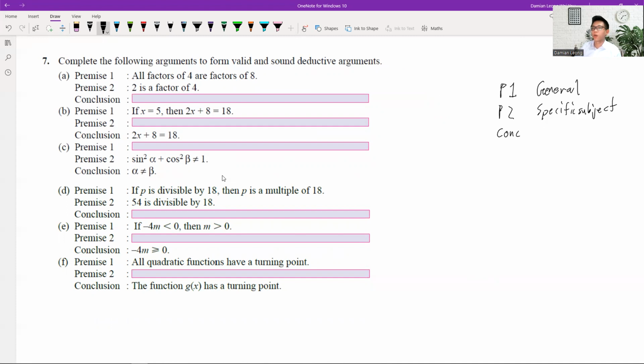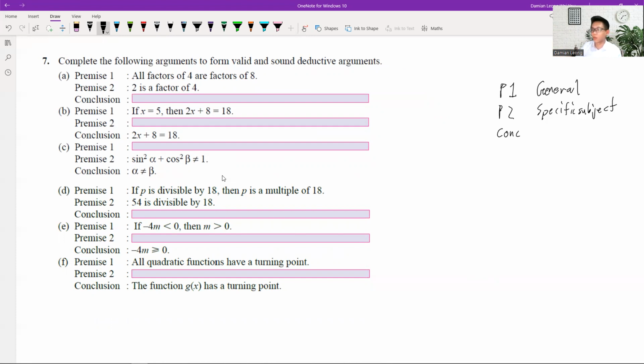So the first form is using all statements: all something are something. This specific subject is that something, so it will fulfill that condition. The second form is if-then statements.